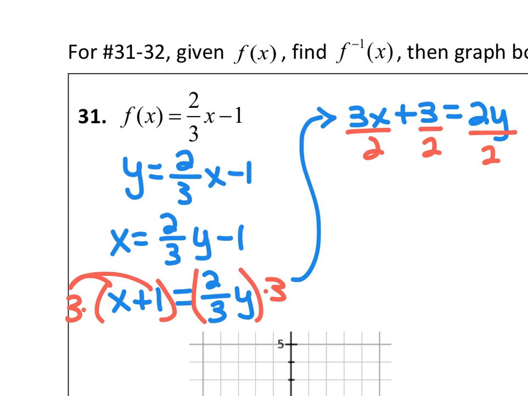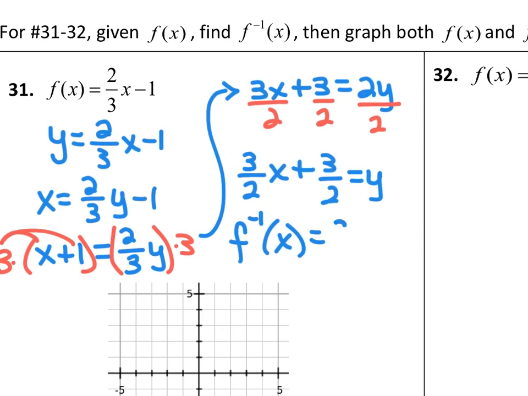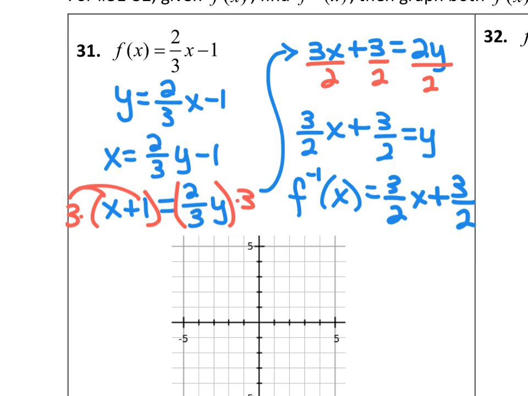And my final y equals is 3/2 x plus 3/2 equals y. And rewrite it in function notation. F inverse of x is equal to 3/2 x plus 3/2. Now that's already in y equals mx plus b form.